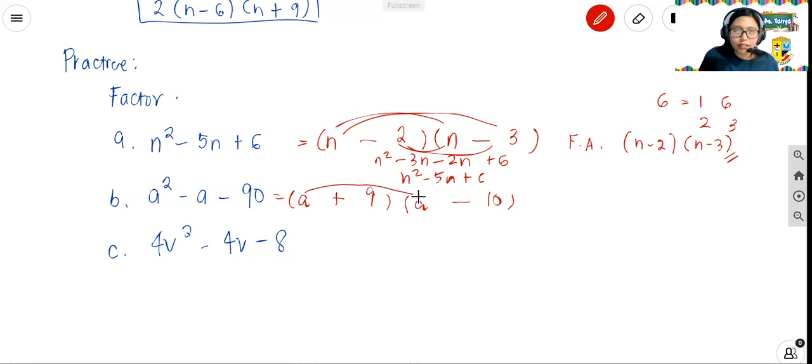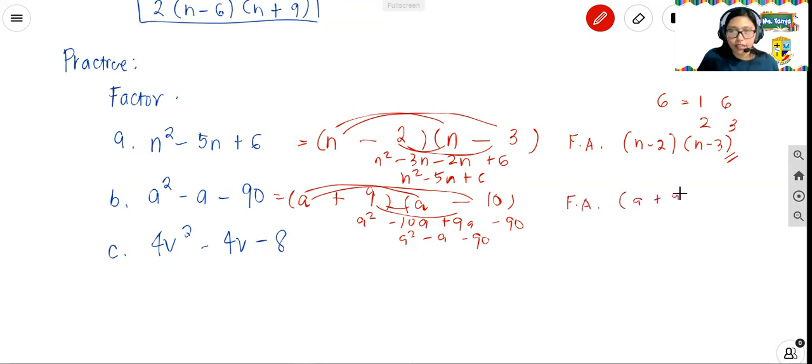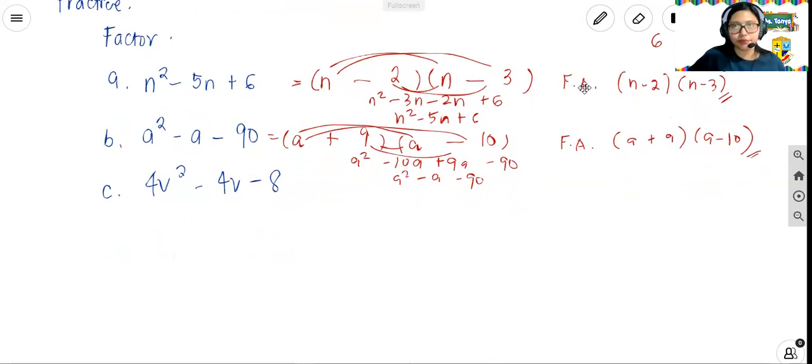So if you multiply this one, we'll have a squared and then negative 10a plus 9a and then minus 90. So if you simplify this, you will get a squared minus a minus 90. Hence, our final answer would be a plus 9 and a minus 10. That is the factor of a squared minus a minus 90.